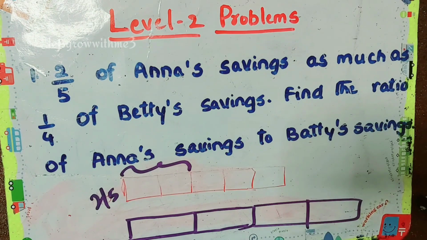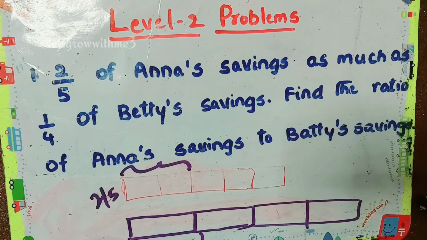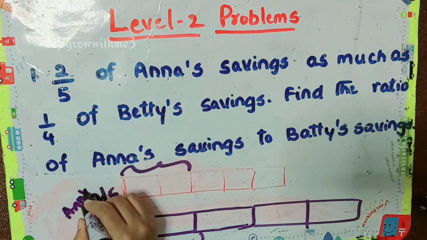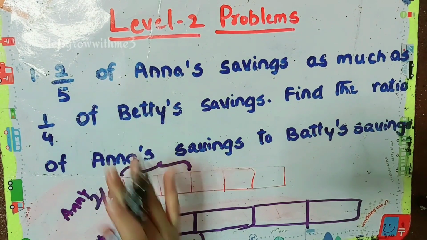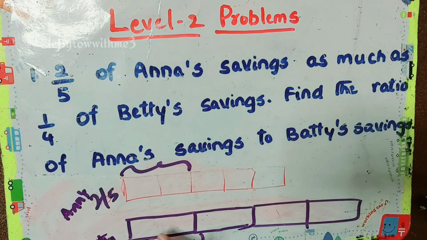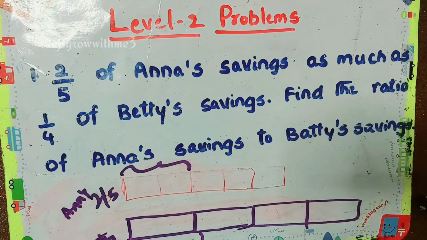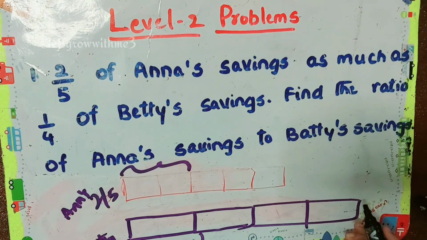Okay, yeah. So here when you want to compare the two objects, both should be in the same quantity, right? So equal partition should be there. Okay, so what I'm doing, I will divide Betty's the same as Anna's size.